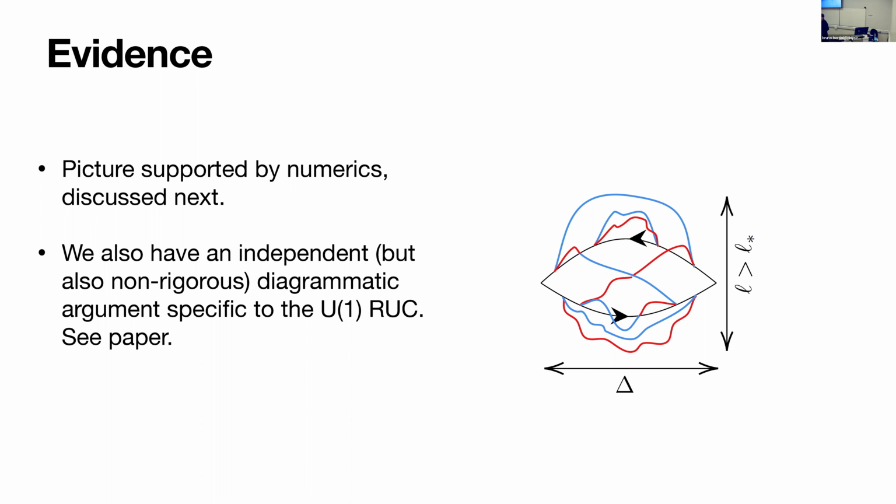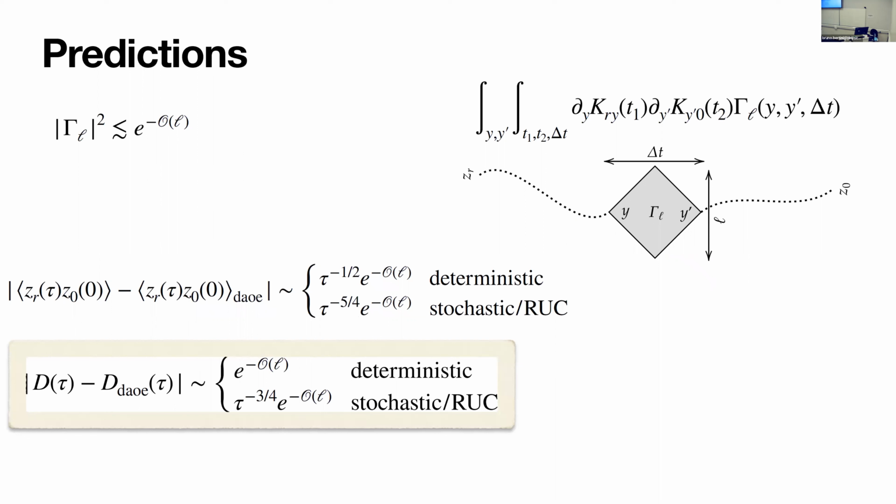Another thing that we did in our paper is we summed up a set of those Feynman diagrams that we could make sense of. That also showed, kind of non-trivially, that the corrections were exponentially suppressed in L. But we didn't sum up all diagrams, so that could also be wrong. It could also be an incomplete story.